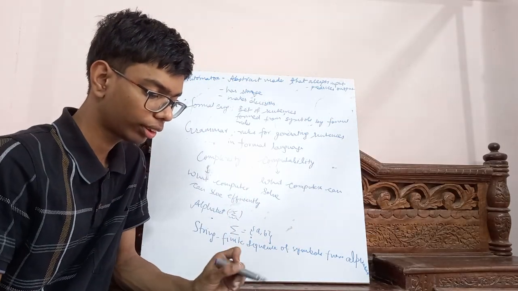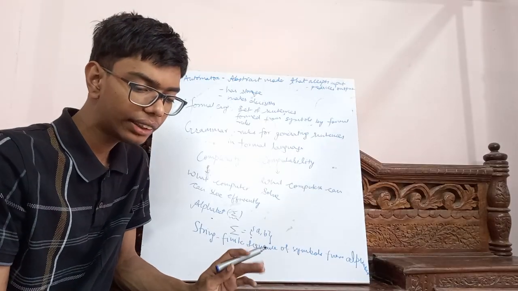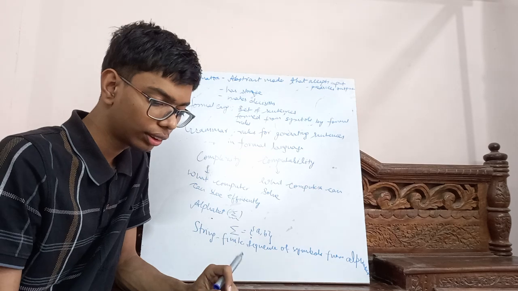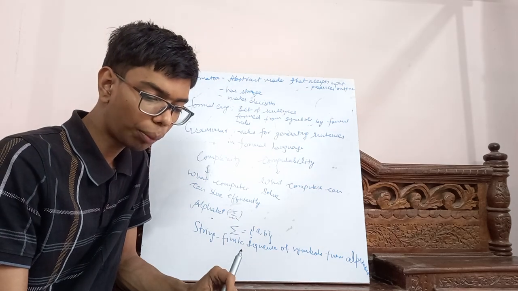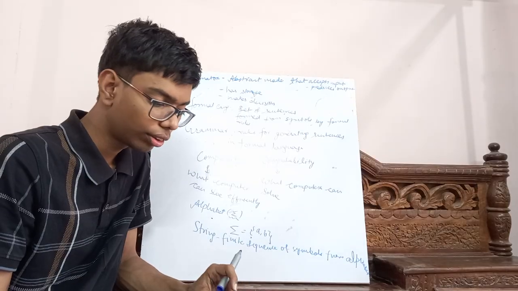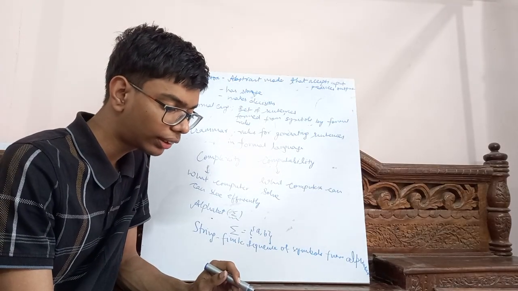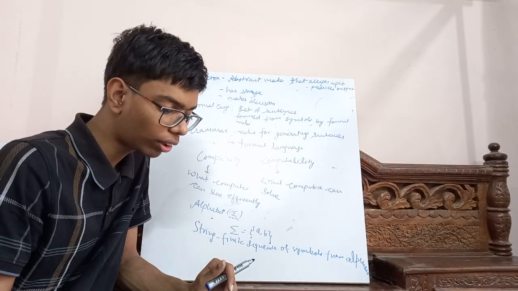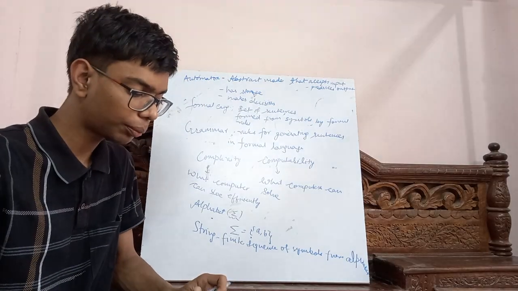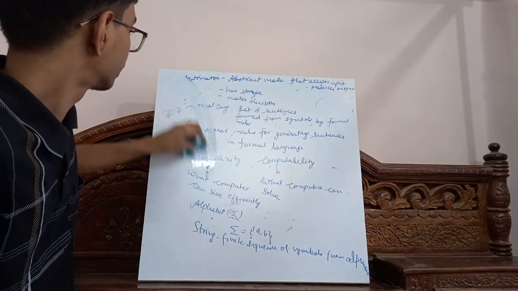Now, a string in a language is called a sentence, and there are certain operations. For example, concatenation. Concatenation is when I join two strings together.